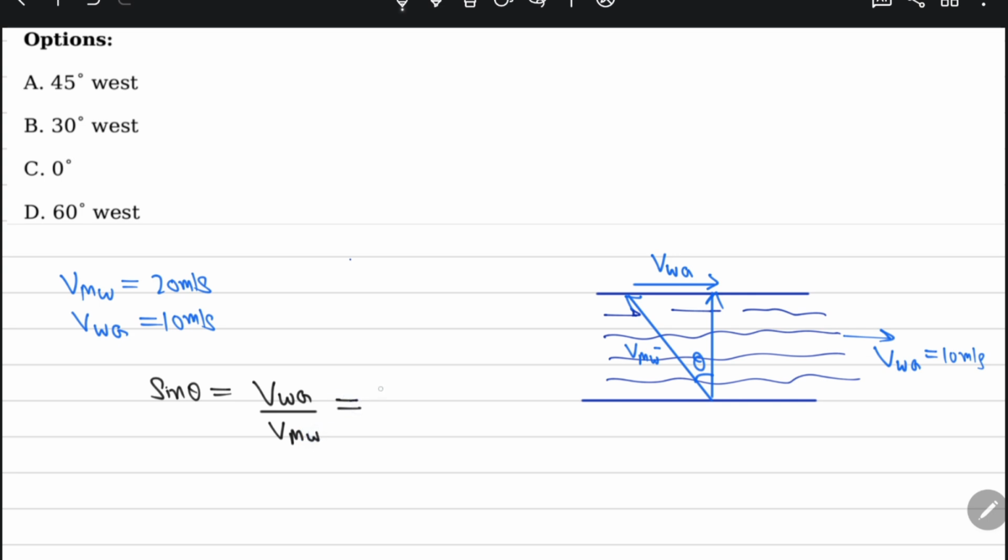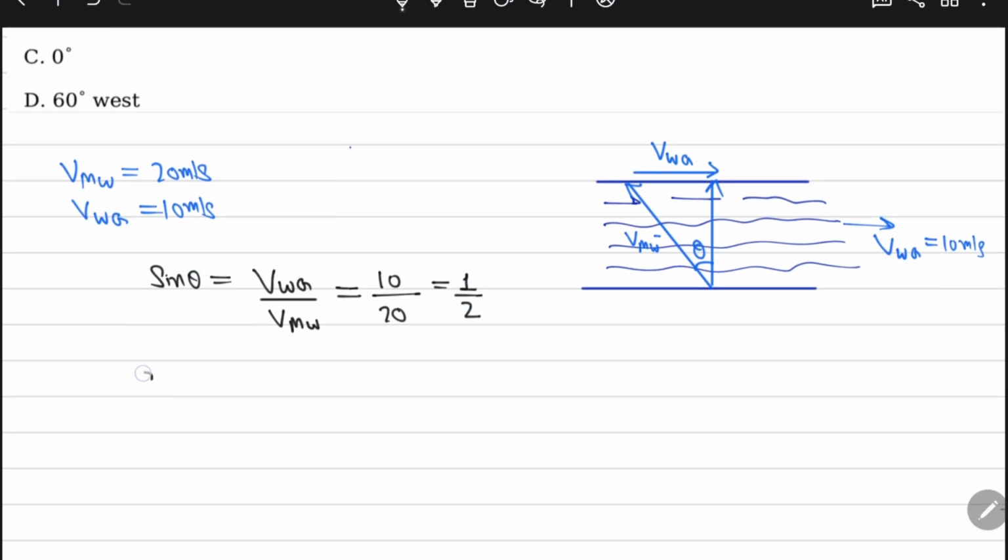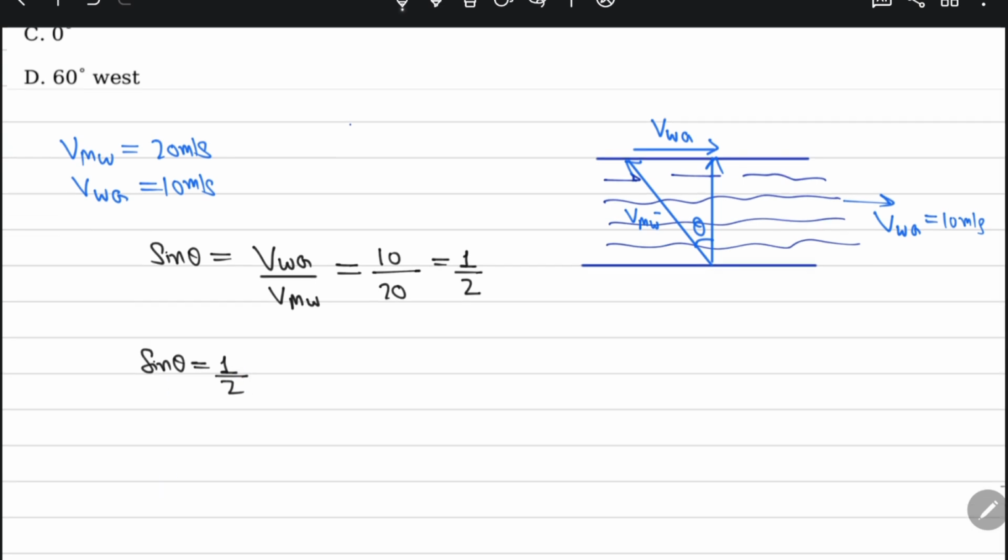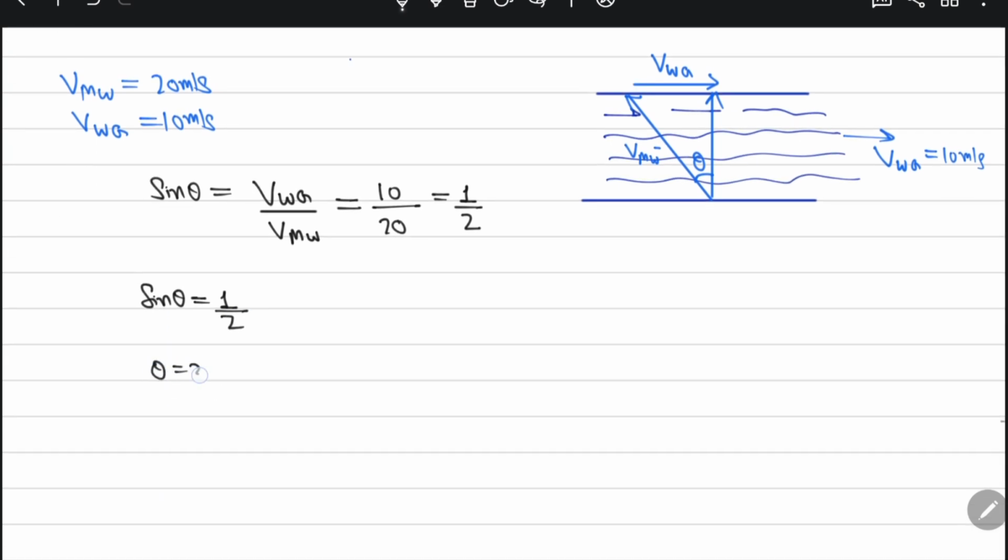Velocity of water with respect to ground is 10 and velocity of man with respect to water is 20. So this comes out to be 1 by 2. So sine theta is equal to 1 by 2 means theta is equal to 30 degree. Getting my point? So theta is equal to 30 degree.